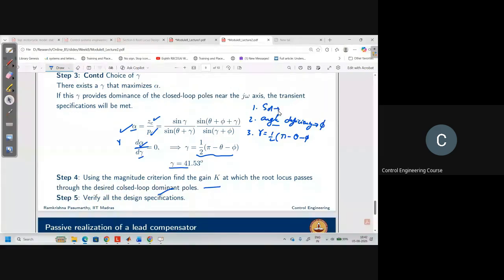From the SD, you can calculate theta. Theta is nothing but cos inverse of the real part by the magnitude, right? So that itself gives you that, or from zeta also, cos inverse zeta, you will get theta. Then angle deficiency from that. Next step is you have to calculate gamma.